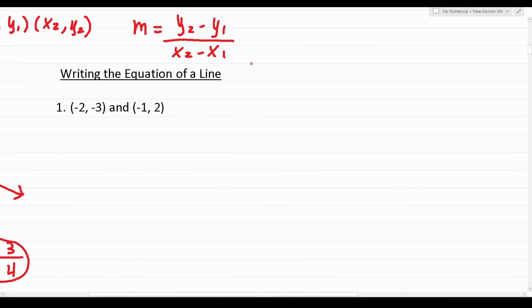We're also going to need to know the point slope form of a line. And the point slope form of a line is this: y minus y1 equals m times x minus x1. And we already know all of these things. Again, we already know m refers to slope, and we already know x1, y1 we get from the values of our ordered pairs.